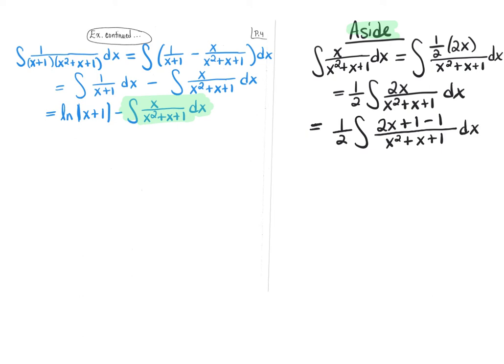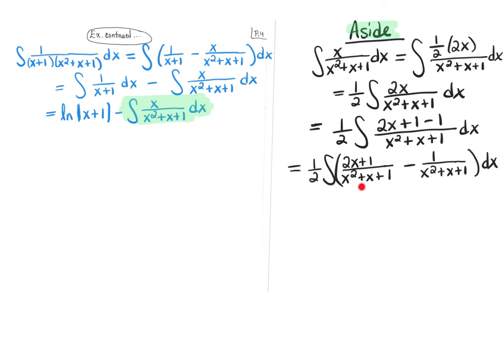So now we can rewrite this as 1/2 times the integral of 2x plus 1 over x squared plus x plus 1 minus 1 over x squared plus x plus 1, all of this dx, because all I did was write 2x plus 1 over this, and that's minus 1 over this. So now this is the integral of a difference, so that's the difference of the integrals.